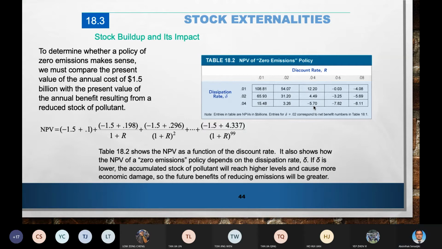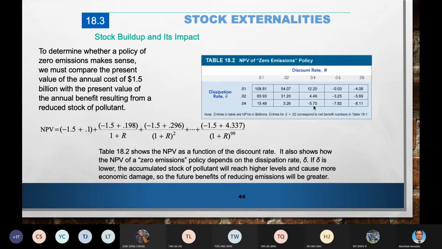Again, it is also based on the discount rate. The net present value of eliminating emission is much larger if lambda is 0.1, and much smaller if lambda is 0.4, correct?